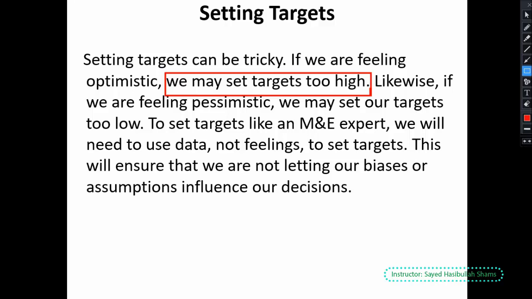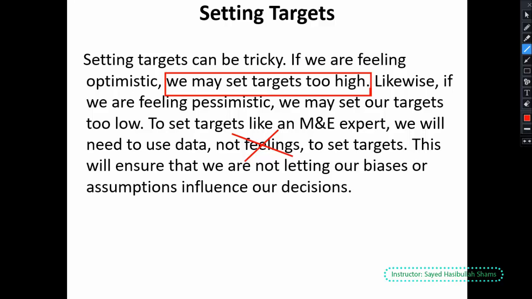Through data usage we can set our targets. So here we cannot use feeling to set a target, and feeling is forbidden in M&E during the setting of targets.